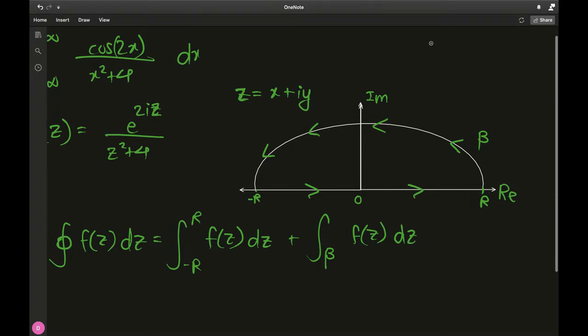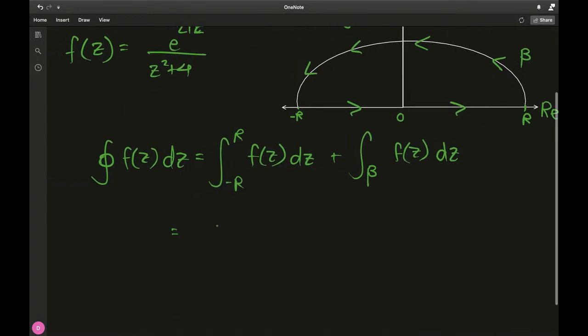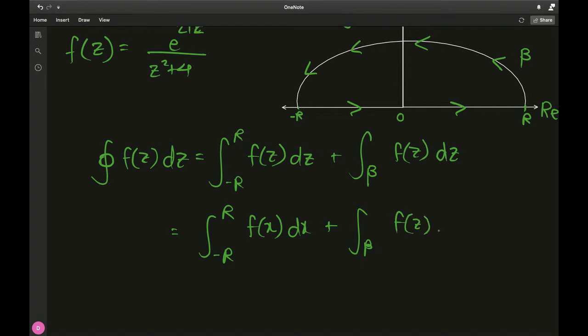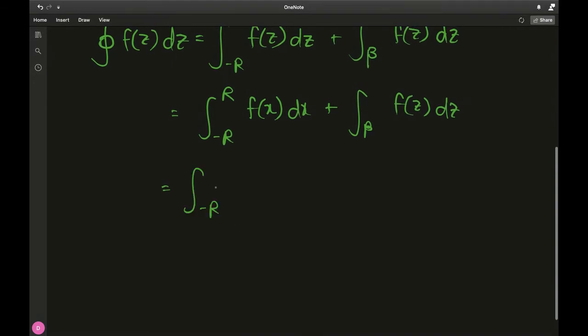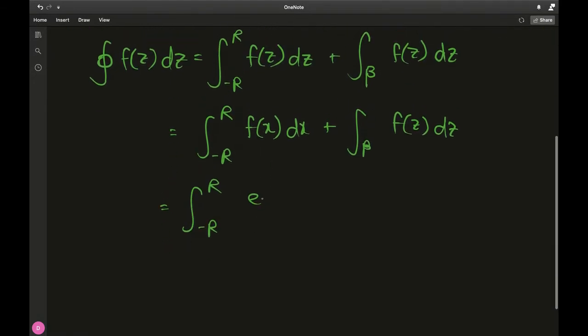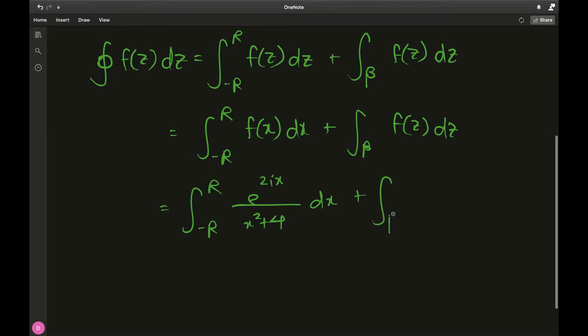So just for path 1, or the path from minus r to r, z is equal to x, nowhere else. So we can make that change over here. So we have the integral from minus r to r of f of x dx plus the integral over beta of f of z dz. Just substituting for f of x now, we have the integral from minus r to r of e to the 2ix over x squared plus 4 dx plus the integral over beta of f of z dz.